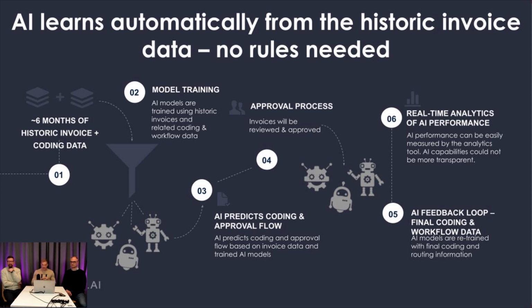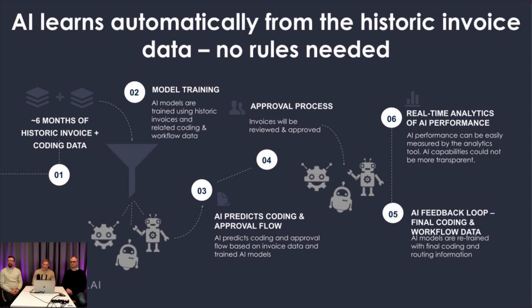And then the related coding data, meaning GL accounts, cost centers, VAT, tax codes, projects, whatever dimensions or cost allocations you are using. And then the approval flow, which means who reviewed the invoice, who approved the invoice, and so on. Typically we get 6 to even 12 months of historic invoice data to train the AI model.